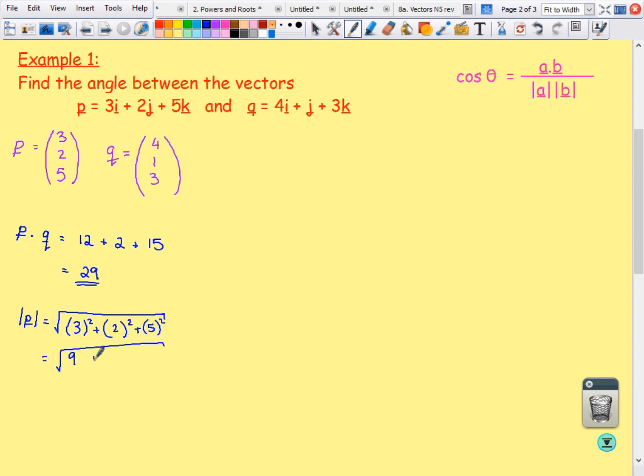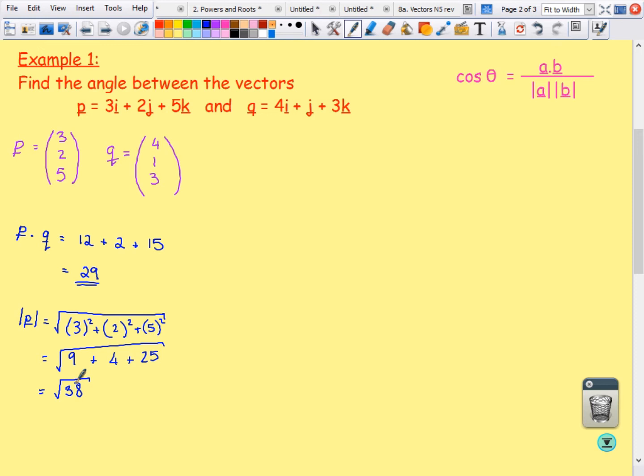Yep, 2 squared, 5 squared. Add it all up. 38. Yep. Now I'm just going to leave that as 38. I'm not going to bother even trying to simplify it or anything like that. Just leave it because I'm going to be using my calculator here. Okay, so just leave it there.